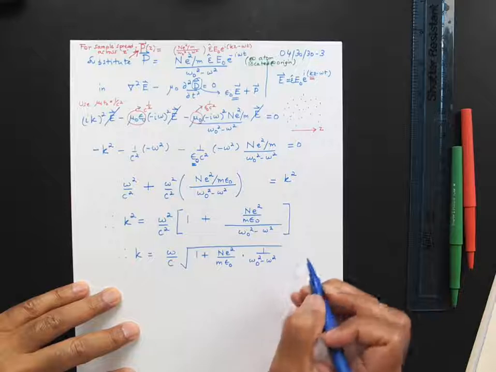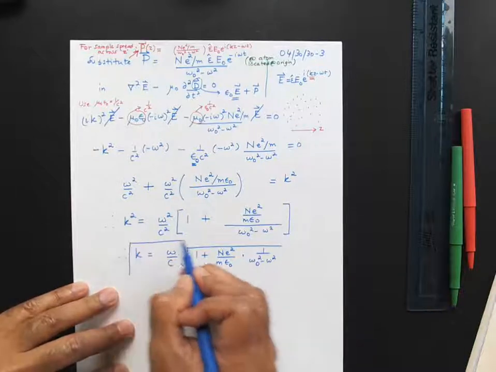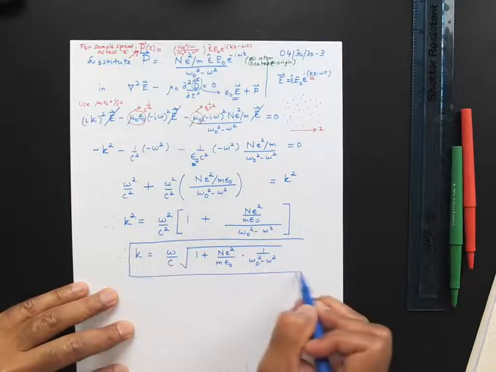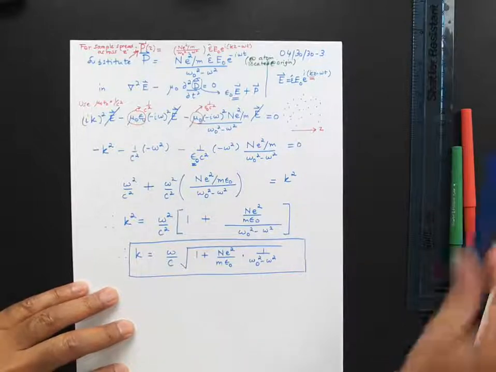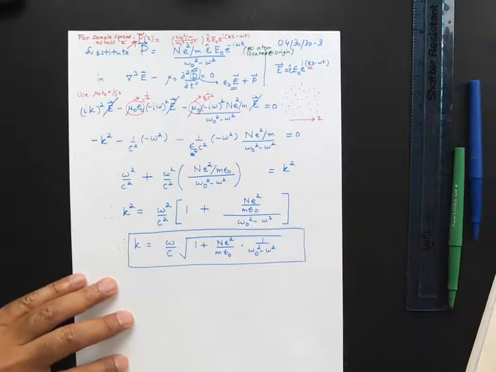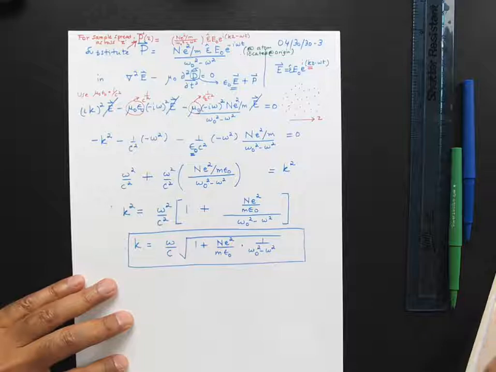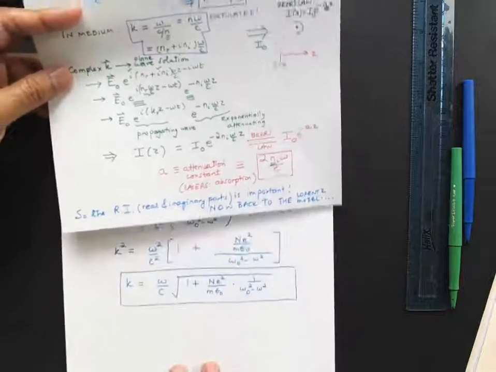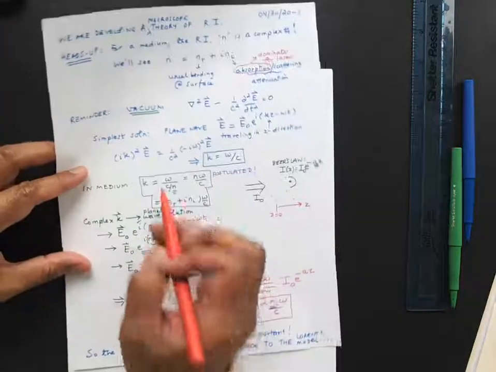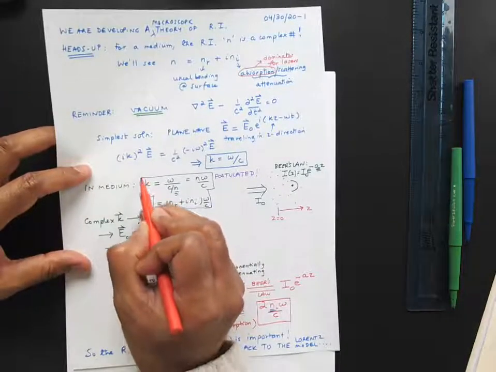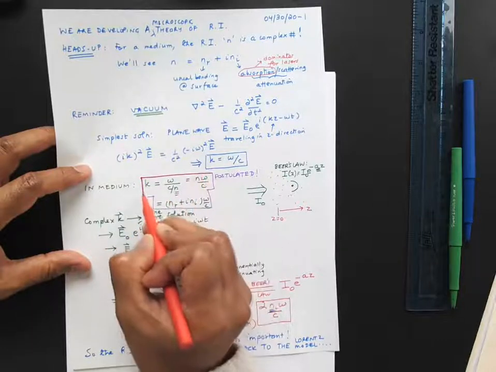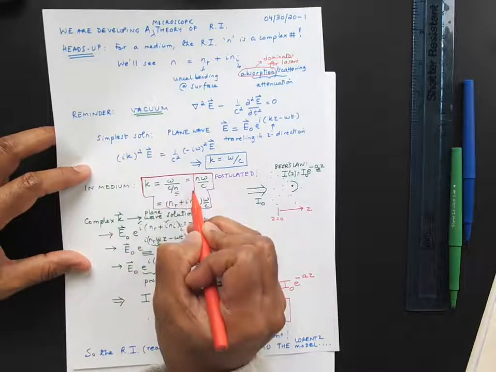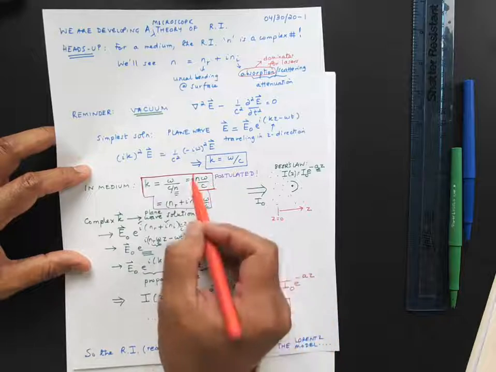Now this is the final expression that I get, and let us compare it to what we expect for the medium. Remember, I was saying that we expect a relation like this, right? K equals n omega over c, where n is the refractive index.